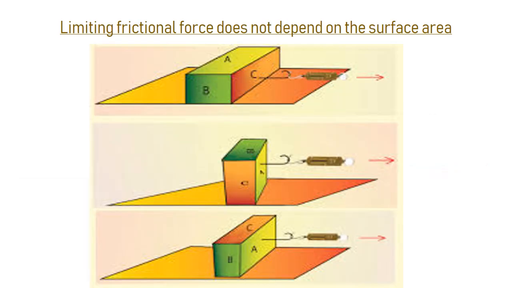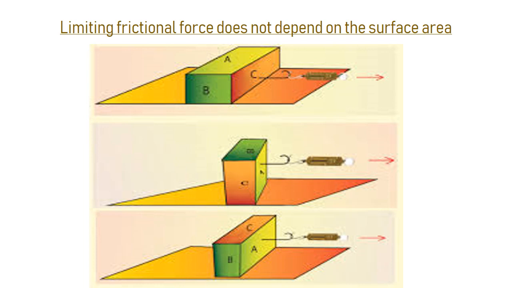Okay, this is the second experiment. Limiting frictional force does not depend on the surface area. By doing this practical, we can finally take a conclusion about the influence of surface area on the limiting frictional force.